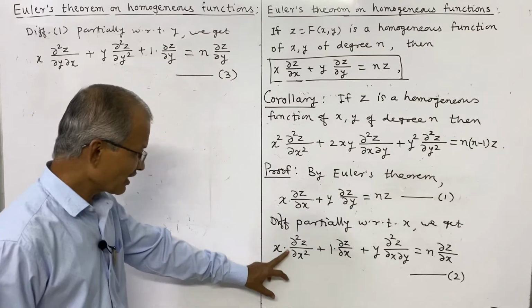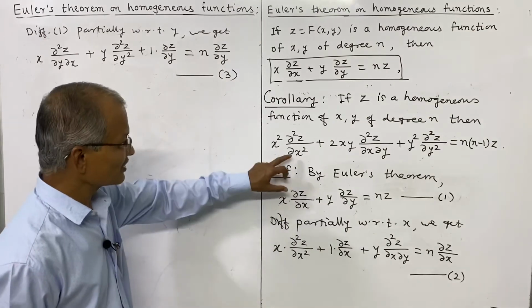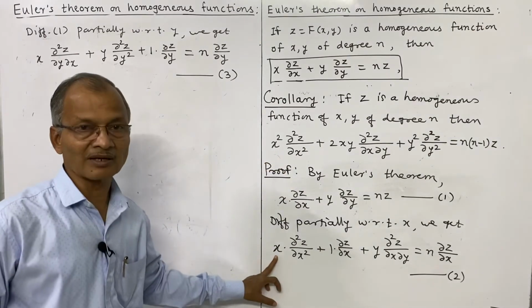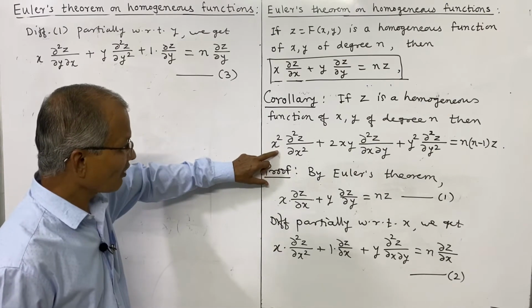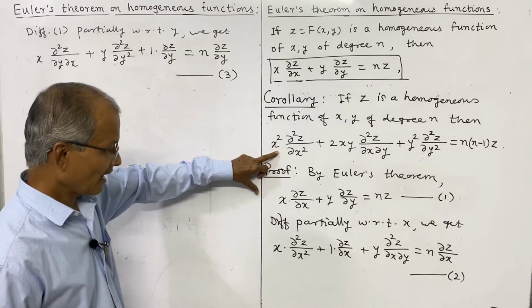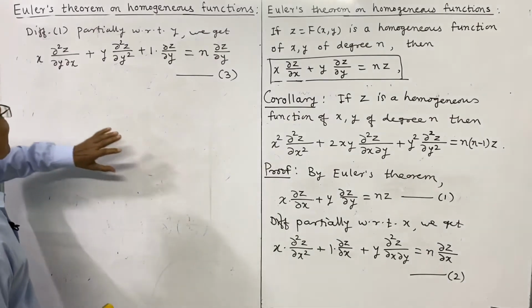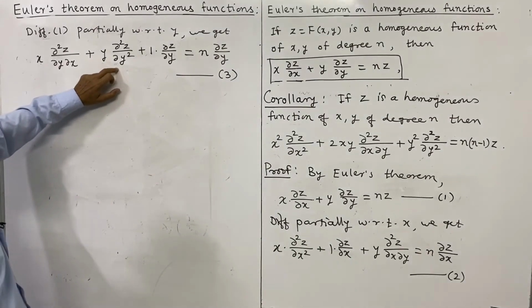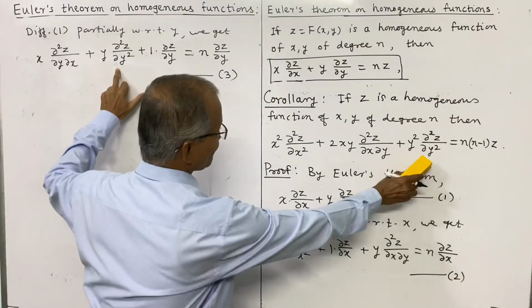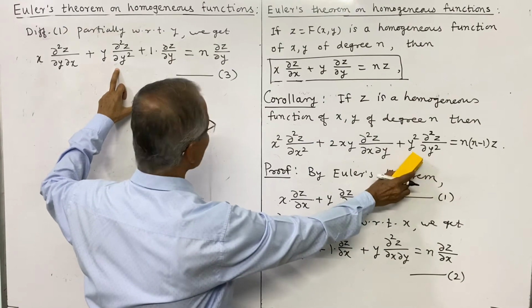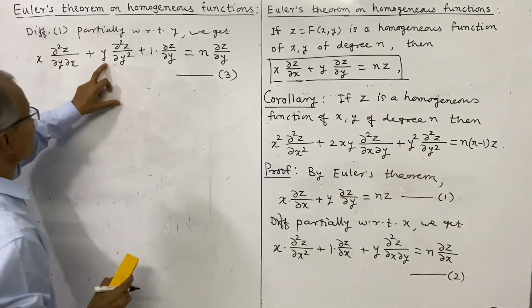This expression contains the second order derivative of z with respect to x, and the coefficient here is x, but here we want x square. And also you may observe this term is a second order derivative of z with respect to y, and the coefficient is y square, but here it is y.